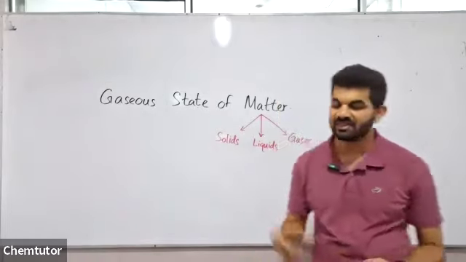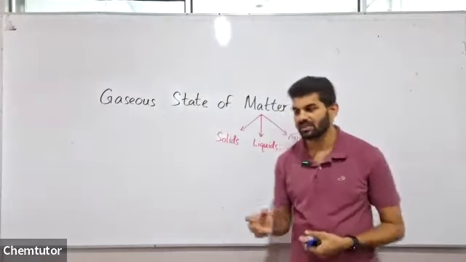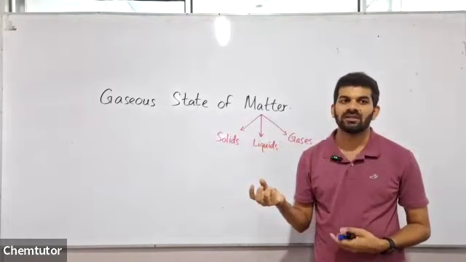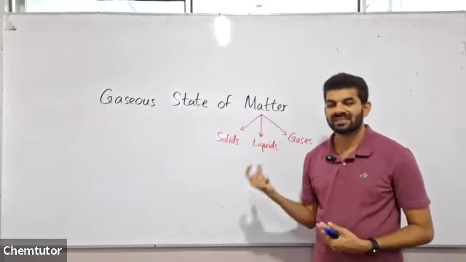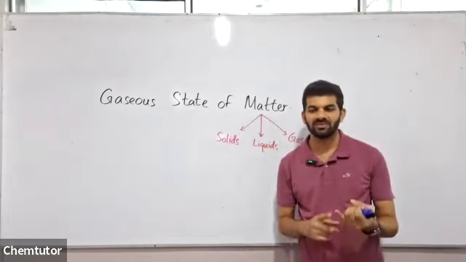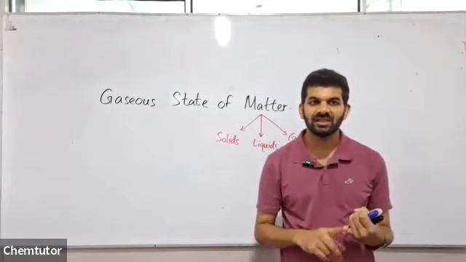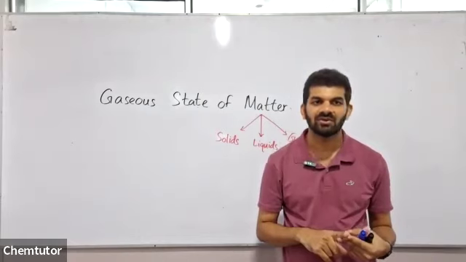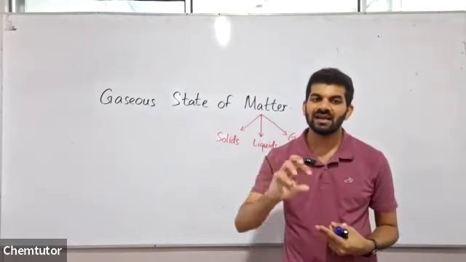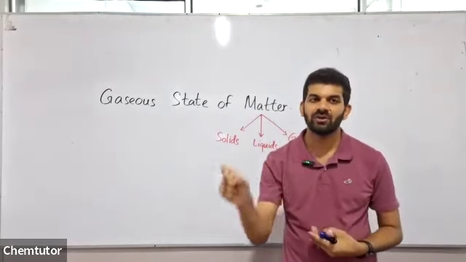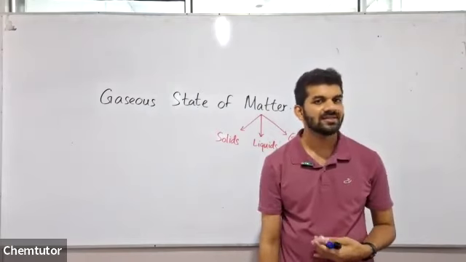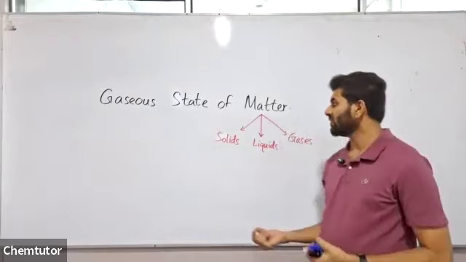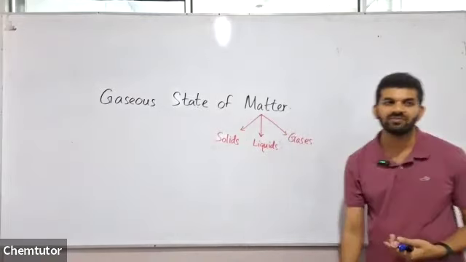In each of those laws, we find the connection between the physical parameters of gases. For example, the physical parameters are pressure, temperature, volume, and the number of moles or the amount of gas. So there will always be a relationship between those properties being discussed in those laws. Let's come to those laws later. Before that, let's learn about these states of matter.